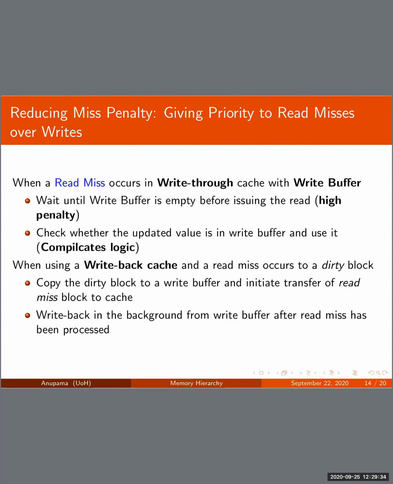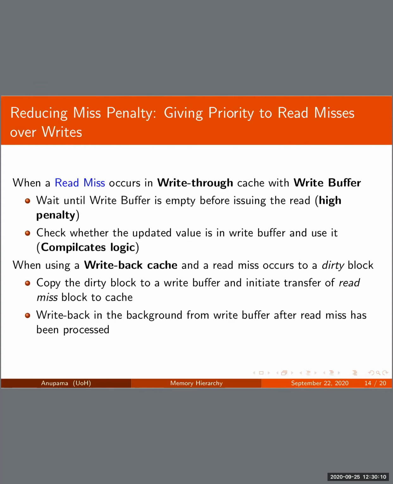So again, the same situation: you replace the dirty block, bring in the new block, and then process the read request from the processor, right? That will be quite costly because you have to replace the dirty block and bring in the block that you want to read. So it's again twice the main memory penalty that you are looking at.